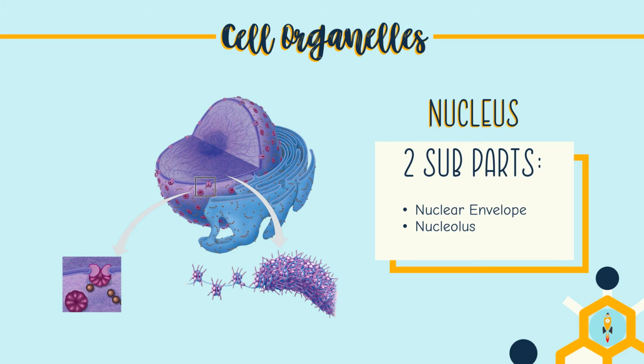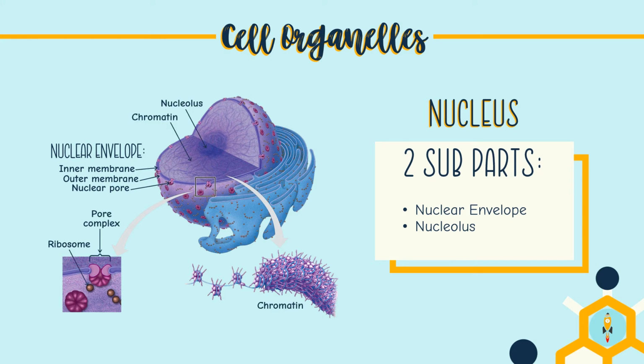Nuclear envelope. The nucleus is surrounded by a double membrane called the nuclear envelope. The nuclear envelope is made up of two phospholipid bilayers. Covering the surface of the nuclear envelope are tiny protein-lined holes, which are nuclear pores. The nuclear pores provide a passageway for RNA and other materials to enter and leave the nucleus.